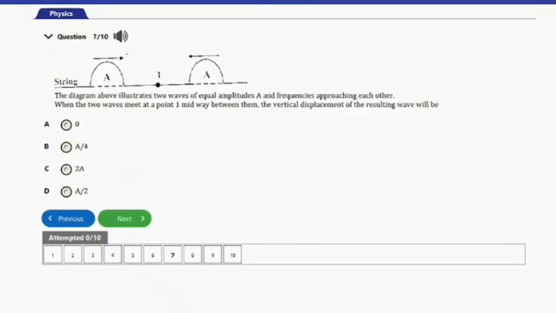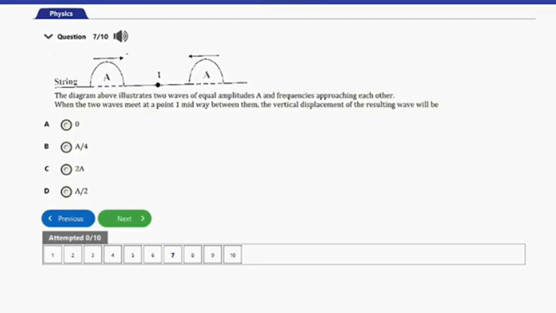So let's go ahead and consider the next question, guys. So guys, the next question here is question number 7. So we have a diagram here, and the question says, the diagram above illustrates two waves of equal amplitudes A and frequencies approaching each other.